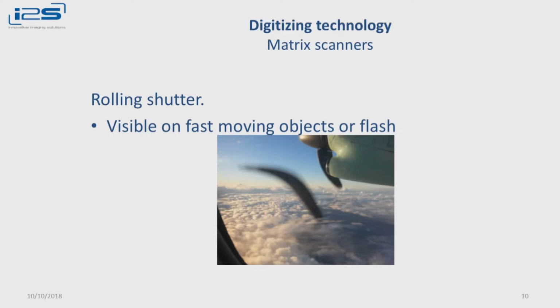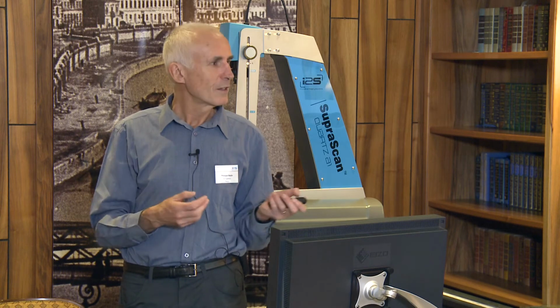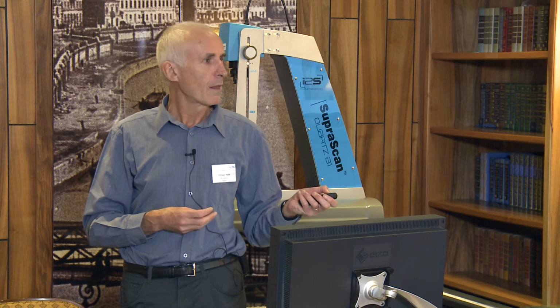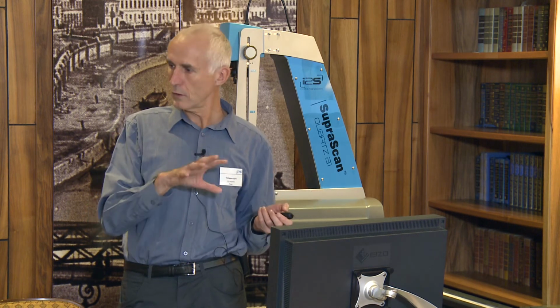That means these pixels here are not exposed at the same time as this one or this one. This is not a big issue when scanning something which doesn't move. You can see it only when you have something moving very, very fast like this. But it could be visible when you are using a flash. The flash is very short also.